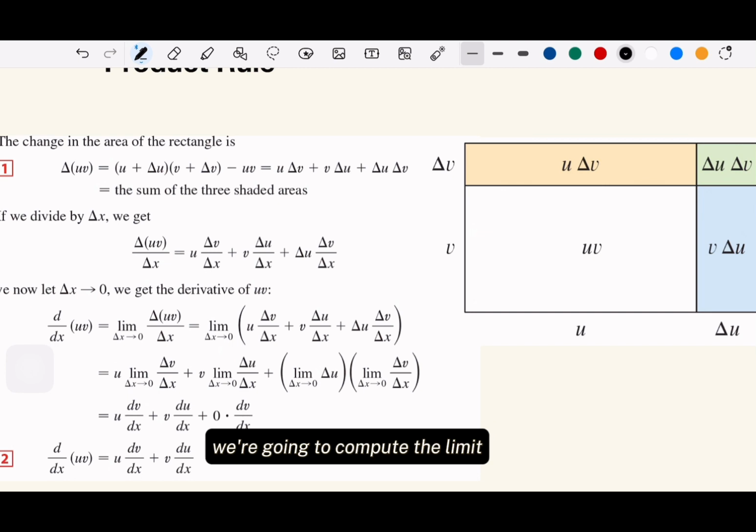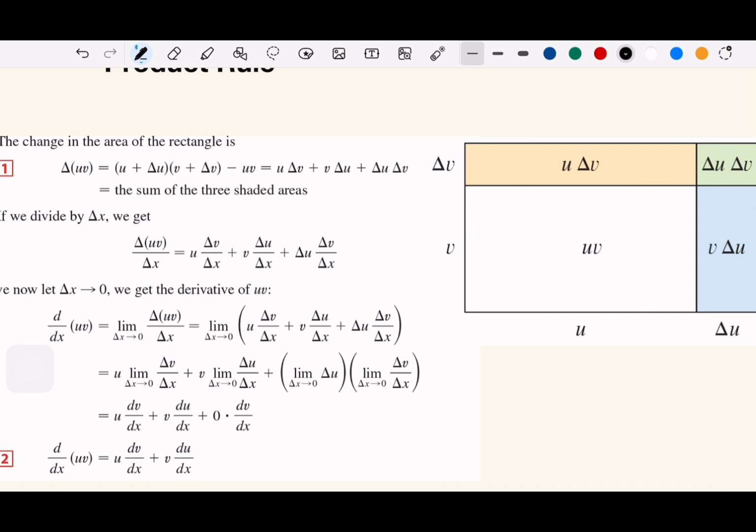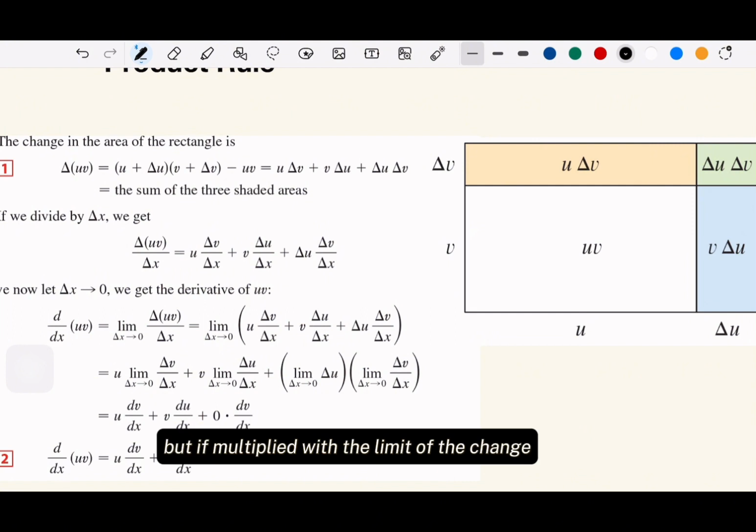We see that u and v are like functions, so they have their own function. Let's say u here is a function, but it multiplies with the limit of the change of this delta v with respect to this delta x.